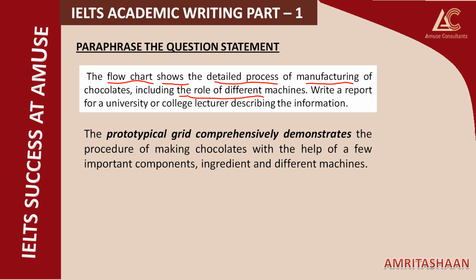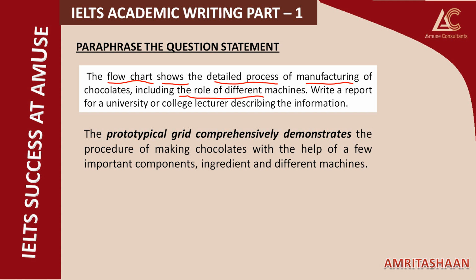So let's read the introduction that I have written: the prototypical grid comprehensively demonstrates the procedure of making chocolates with the help of a few important components, ingredients, and different machines. Because if you look at the graph carefully, many ingredients and many machines have been used.